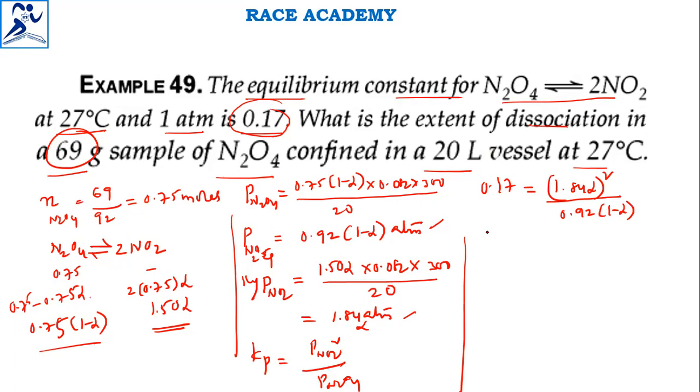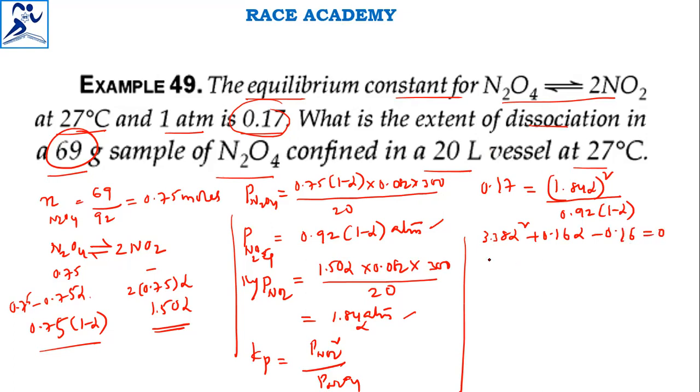Upon cross multiplication and squaring 1.84 alpha, it gives the equation 3.38 alpha square plus 0.16 alpha minus 0.16 equal to 0.